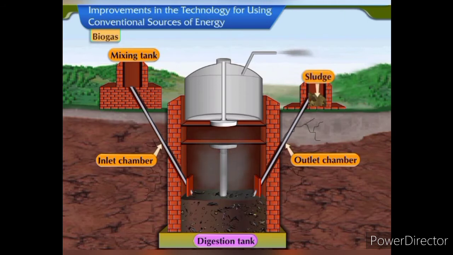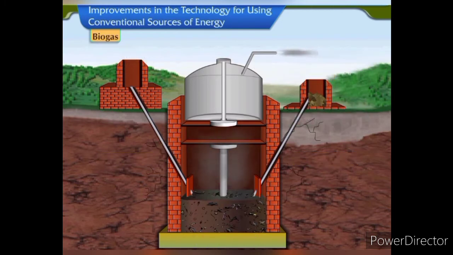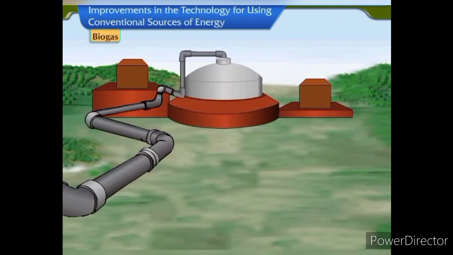The sludge coming out of the digester retains nitrogen, phosphorus, and potassium originally present in the animal waste and hence is an excellent fertilizer. Once the biogas plant starts functioning, more and more slurry may be fed into the digester to get a continuous supply of biogas. The biogas is taken out through a pipe and is supplied to the customers.